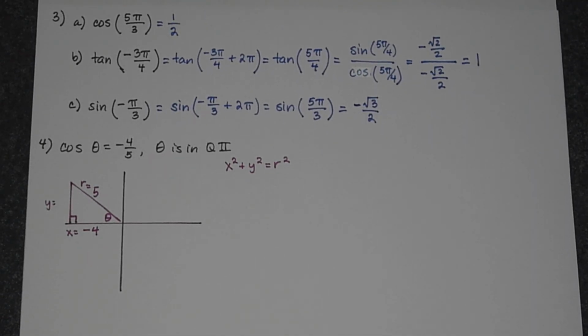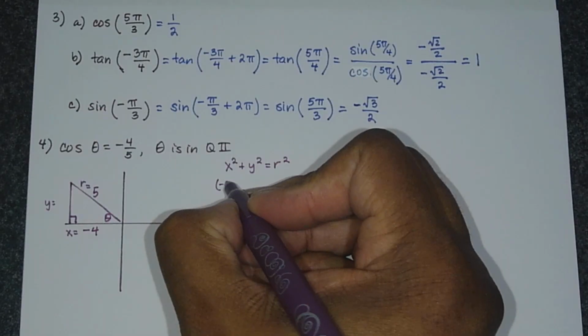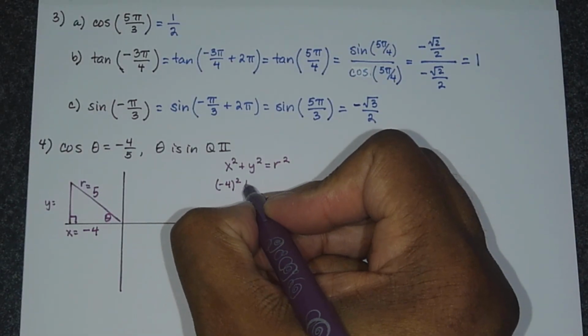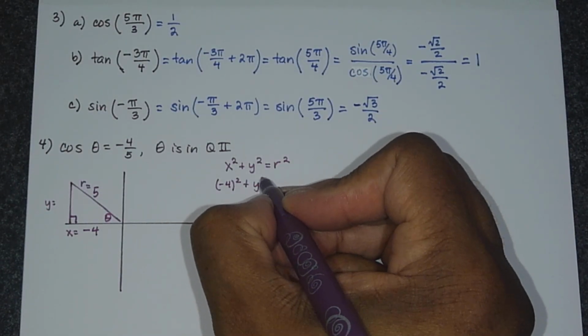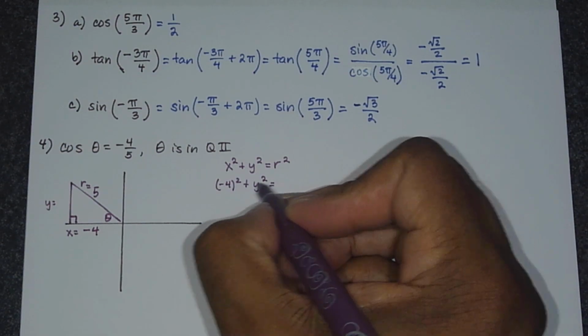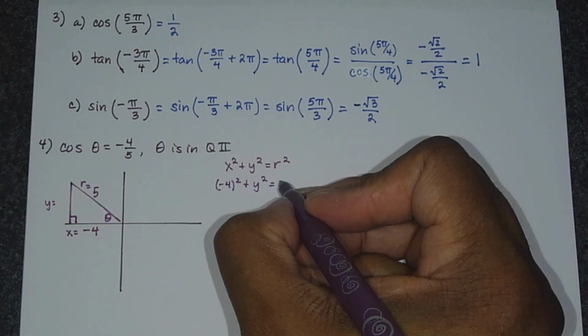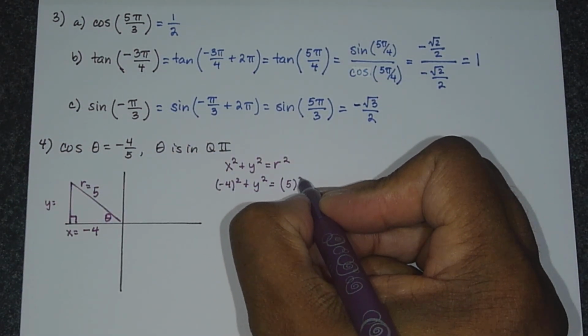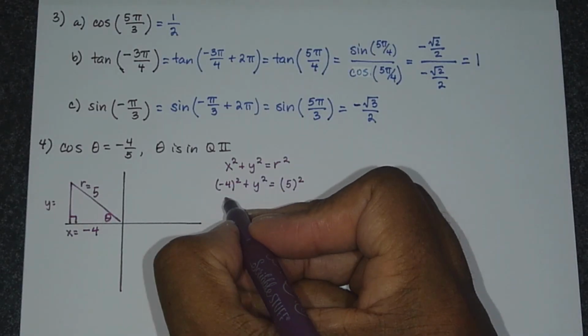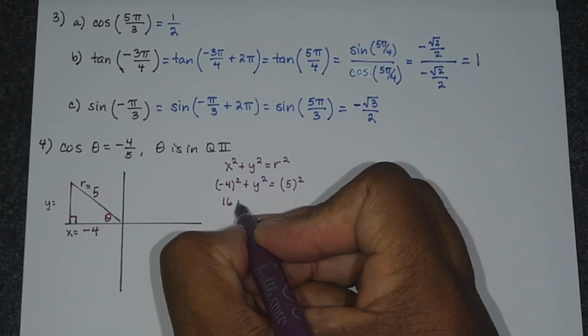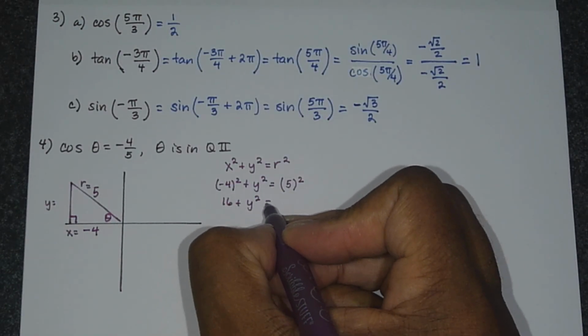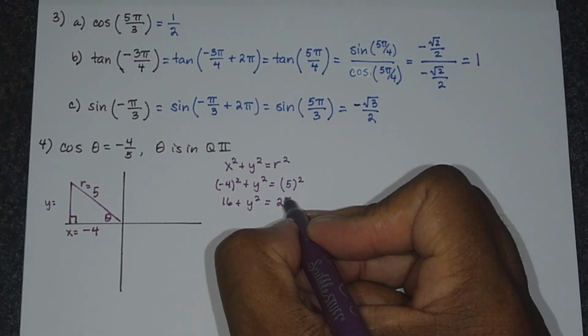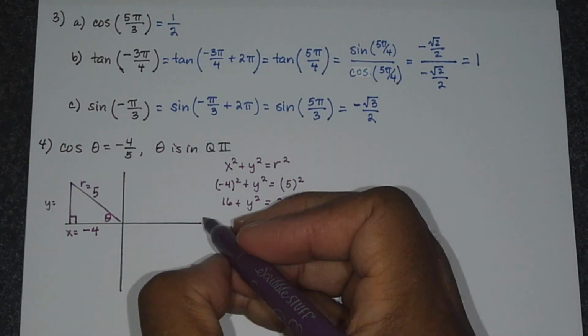So here my x is the -4, so it'd be -4 squared, plus y squared, is equal to r squared. That's going to be 5 squared. -4 squared would be 16, plus y squared is equal to 5 squared, which is 25.